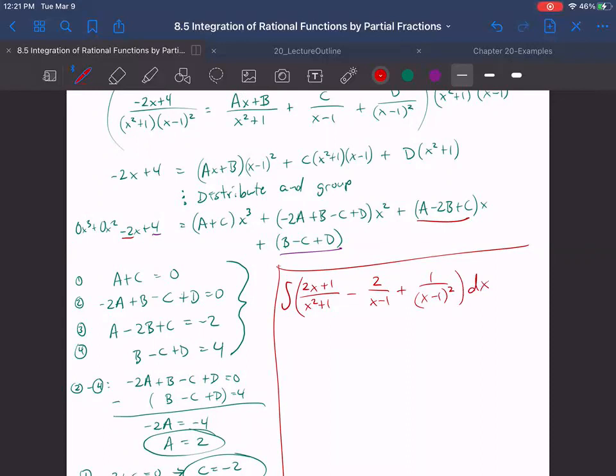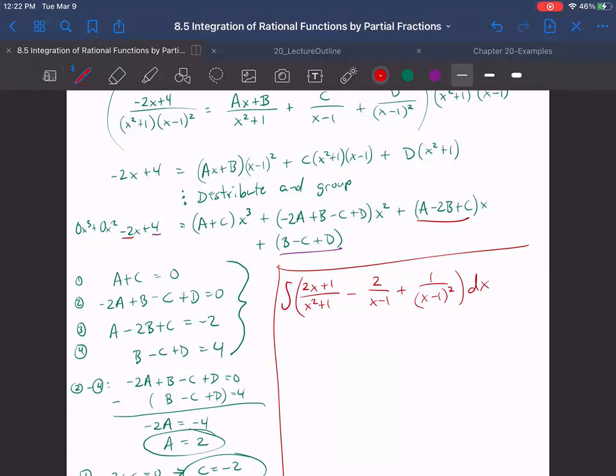And then you should be able to go through and figure that one out with some u substitutions and stuff. For the 1 over x squared plus 1, I think I used one of the trig ones.